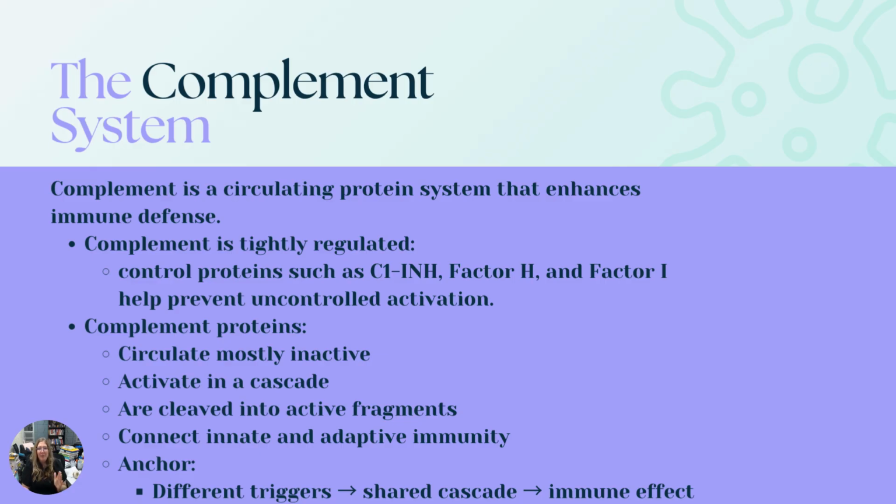When complement encounters the appropriate trigger, proteins become activated sequentially. That's why we call it a cascade. One protein activates another, which activates another, and then the response becomes amplified.